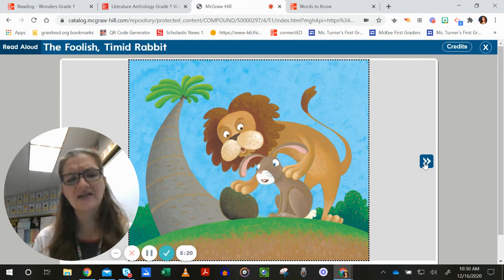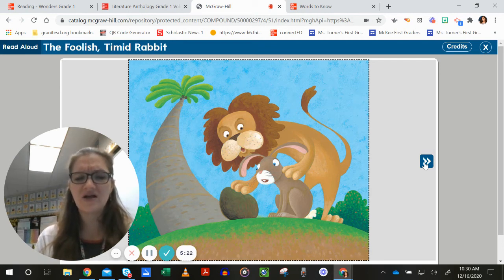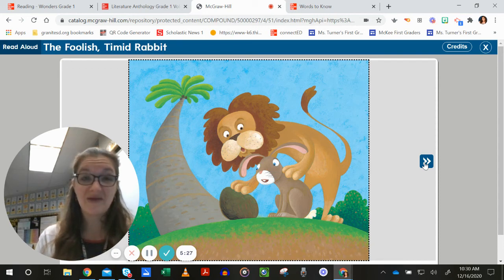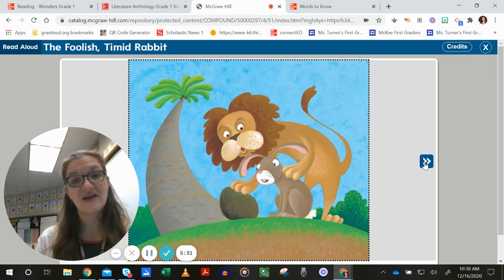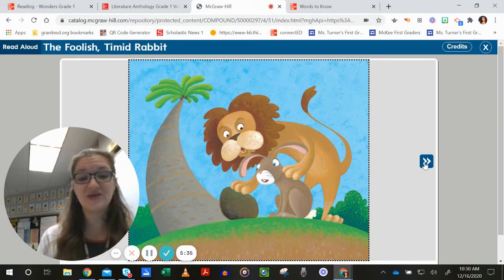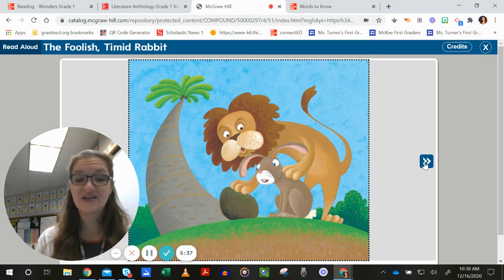"We must go back to the tree and see what was going on," the lion said. "Hop onto my back." The rabbit hopped onto the lion's back and they ran to the tree. The other animals waited. When the lion and the rabbit reached the tree, they saw a coconut underneath. The lion pointed to the coconut. "Foolish rabbit," he said, "the sound you heard was a coconut falling."